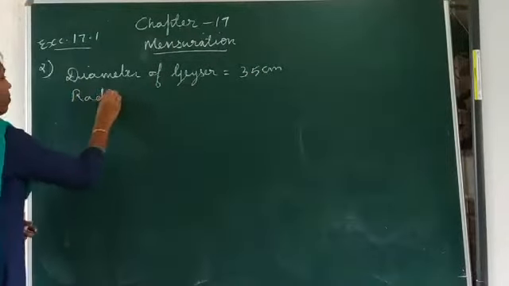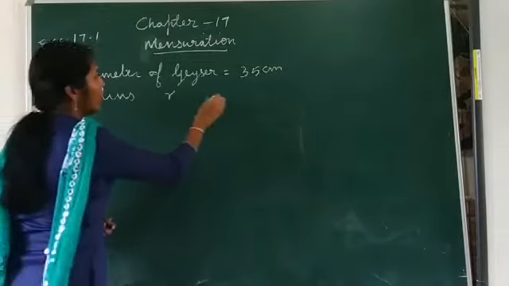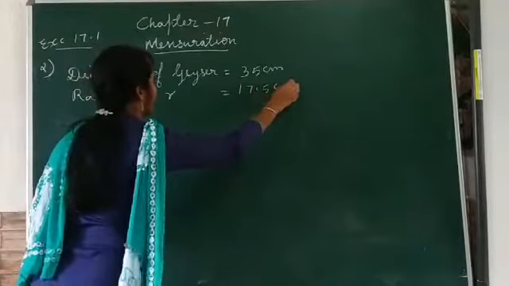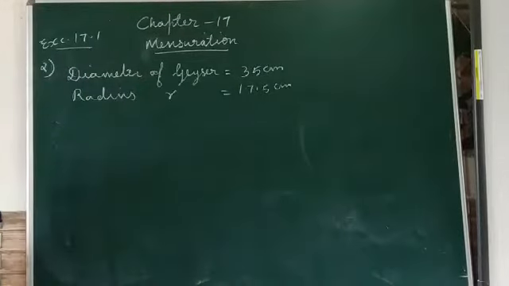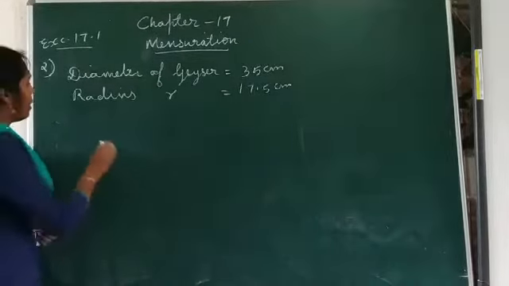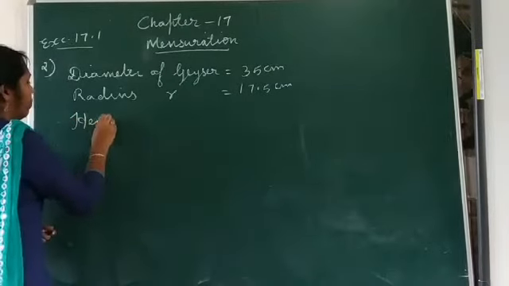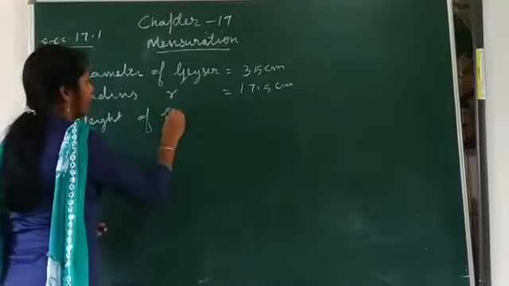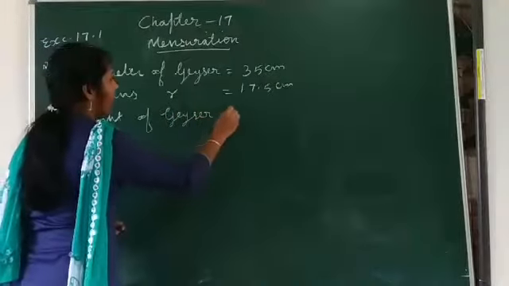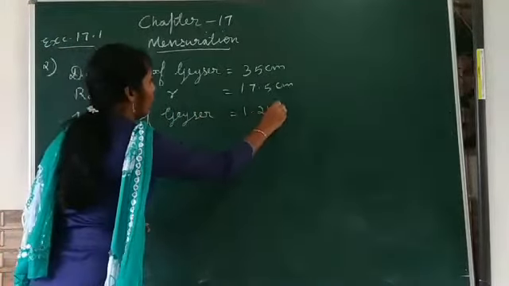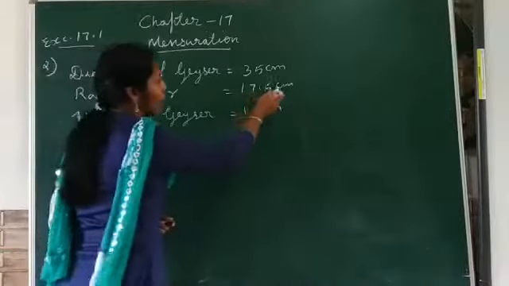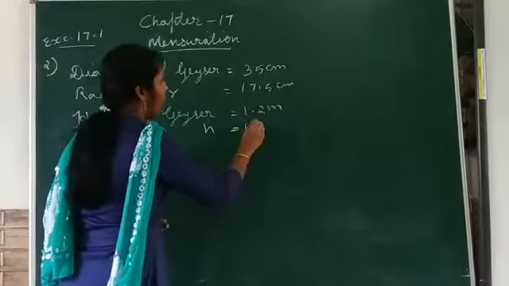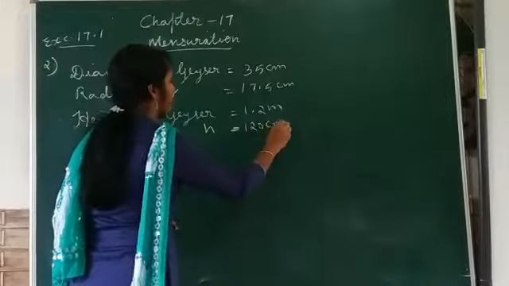Radius r is equal to 17.5 centimeter. Now the height of the geyser is given as 1.2 meter. Height of geyser is equal to 1.2 meter. That also we have to convert into centimeter, that is h is equal to 120 centimeter.